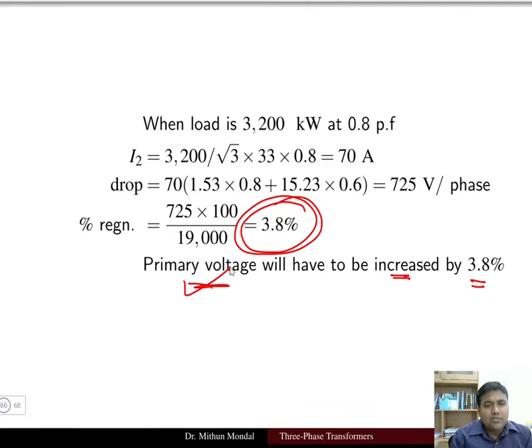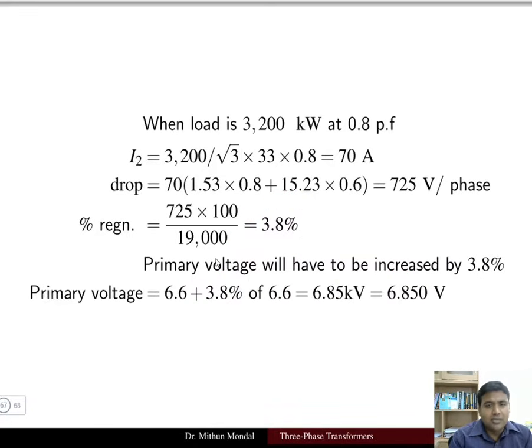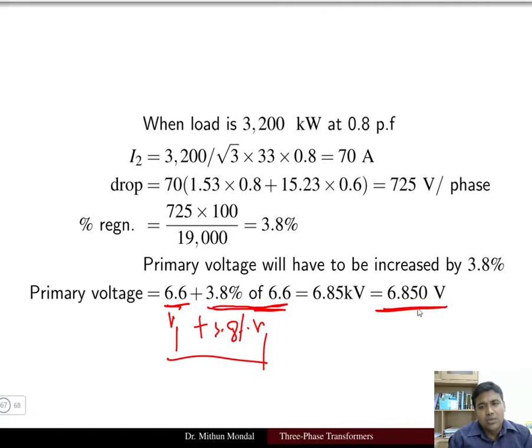So V1 plus 3.8% of V1 will give you the net primary voltage of the transformer. So this gives you 6,850 volt, and this is your E1.